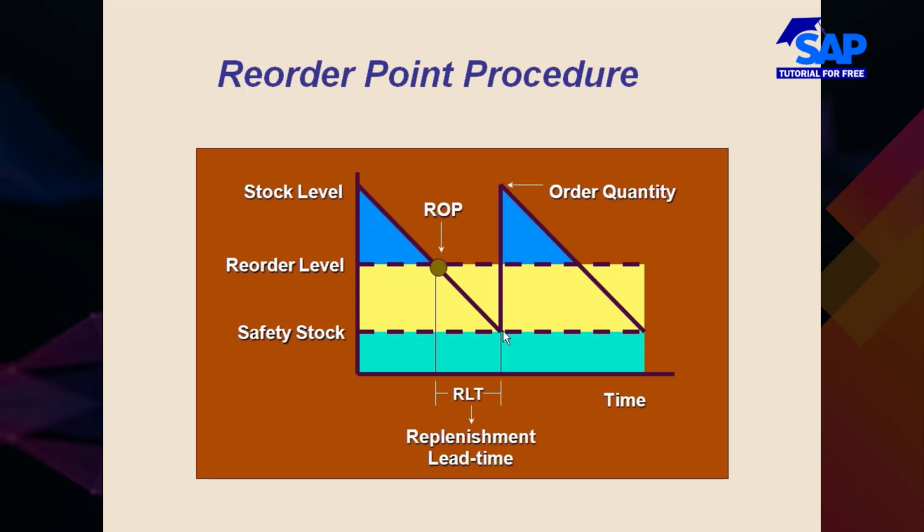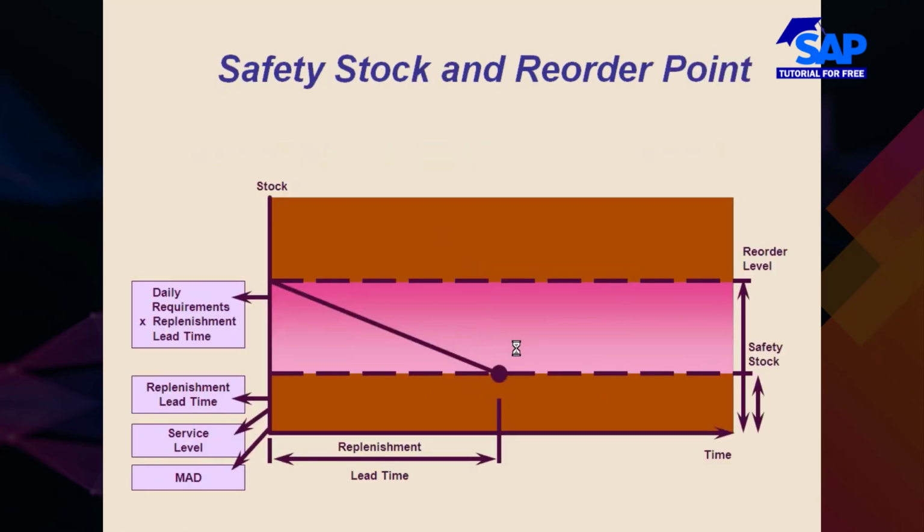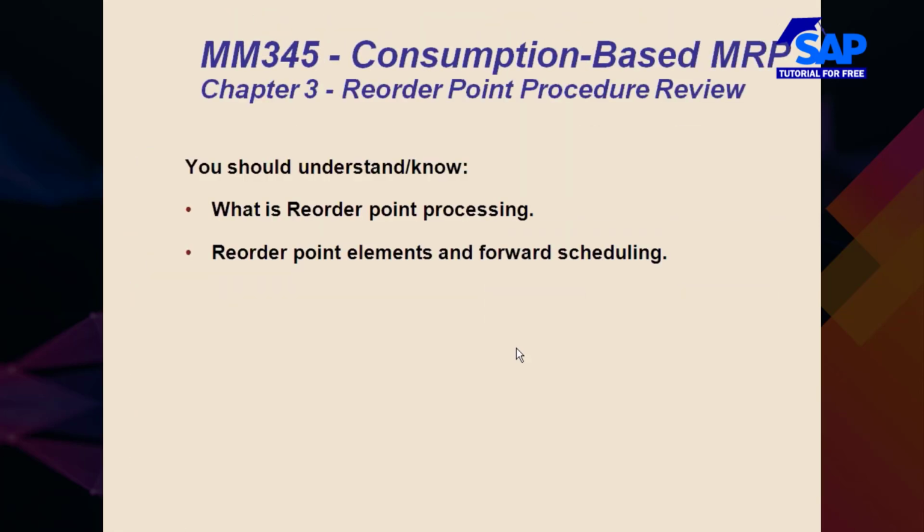So by the time you consume on a daily or average basis, by the time stock reaches safety stock zone, again you procure the material to the maximum stock level. So therefore the cycle keeps moving like this, and the time between reorder point till the material is received at your storage location is called replenishment lead time, which you have already seen.